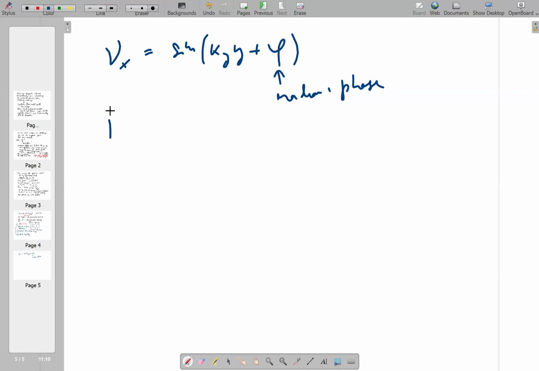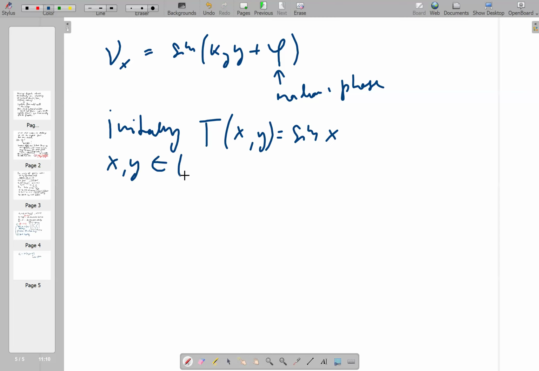Let us say that initially T(x,y) equals, and let us make it sinusoidal, the sine of x. Periodic boundary condition means that our domain for x and y goes from 0 to 2 pi: x, y belong to the segment from 0 to 2 pi, excluding 2 pi.